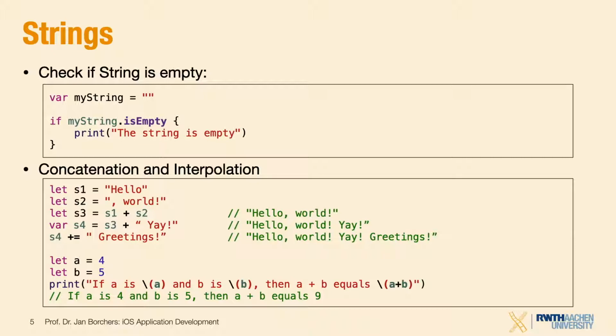String interpolation is a specific term that maybe you're not used to. What it means is that this is the way that Swift lets you integrate the raw values of variables, constants, or expressions into a string, right? It basically does that using these parentheses around the expression and then a backslash in front of that. When you write this, that basically says insert the value of a at this point as a string, and tie everything together into a complete string.